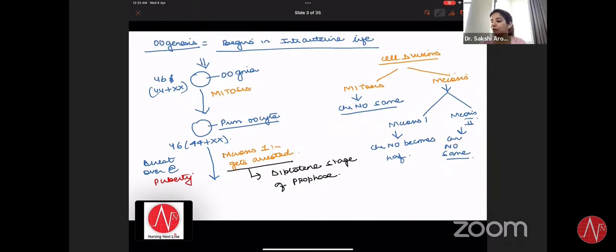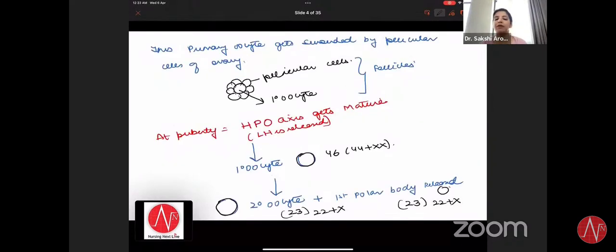And at puberty, because the hypothalamic pituitary ovarian axis gets matured, the primary oocyte का जो ये arrest था is now over. So meiosis 1 is complete. The arrest is over at puberty. And from primary oocyte, secondary oocyte will be formed and first polar body will be released.